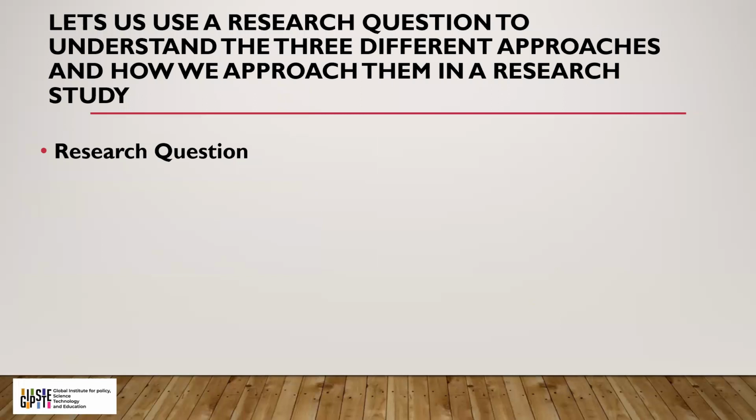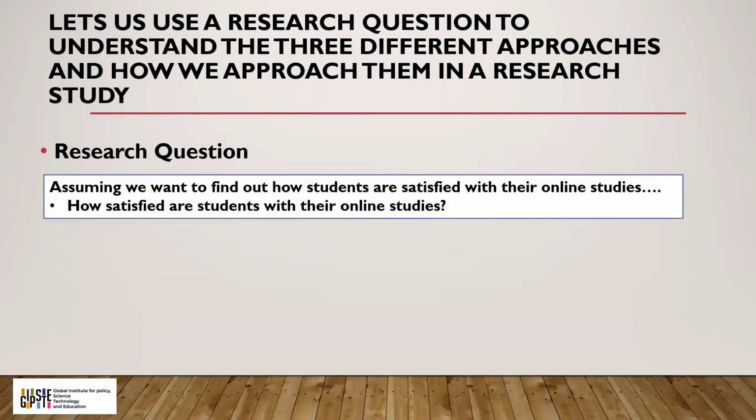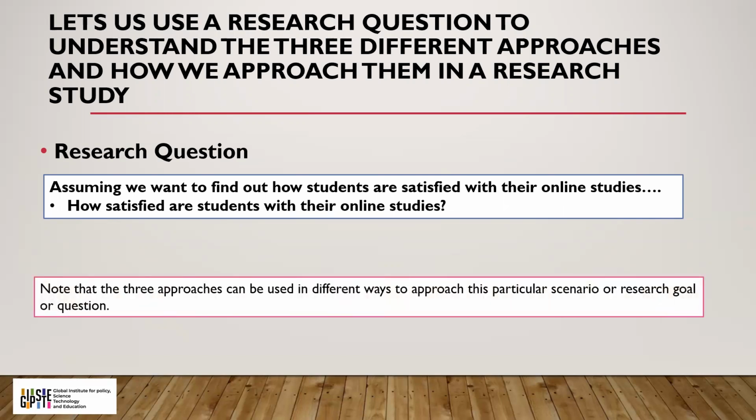Let us use a research question to understand the three different approaches and how we approach them in a research study. Take, for example, this research idea. Assuming we want to find out how satisfied students are with their online studies. Note that in this particular research question, the three approaches can be used in different ways to approach this scenario or research goal.